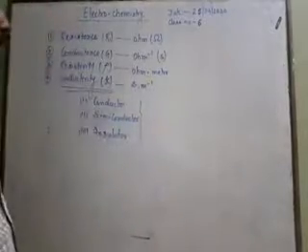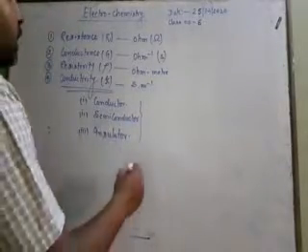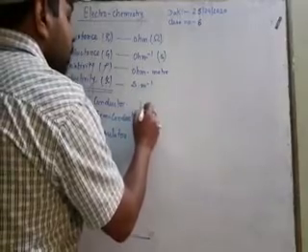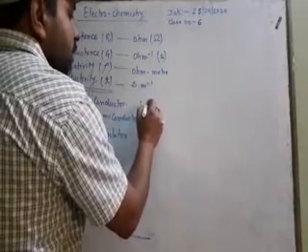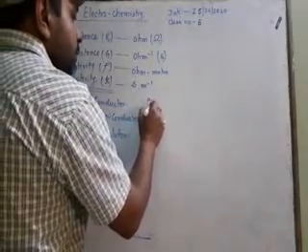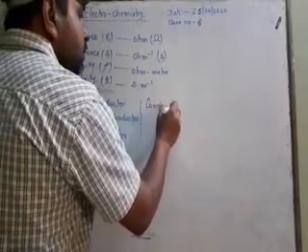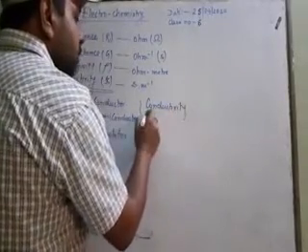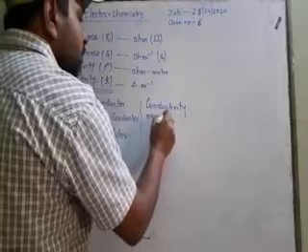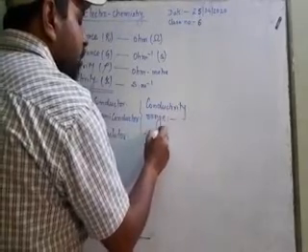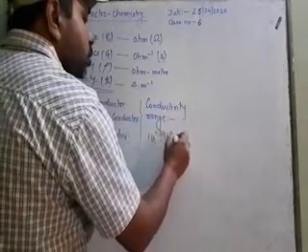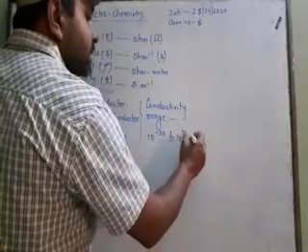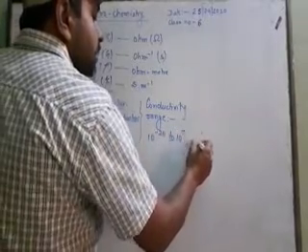The conductivity of these elements ranges from 10 to the power minus 20 to 10 to the power 7 Siemens meter inverse.